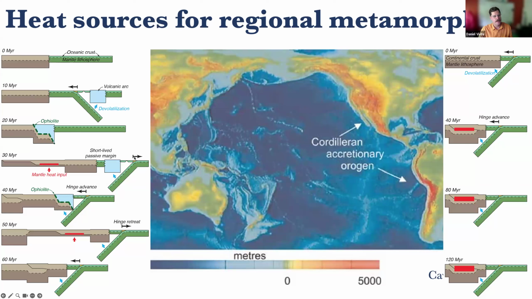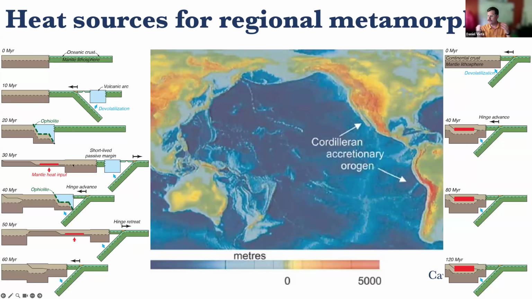There is hinge retreat and advance, which can lead to thinning and thickening of the overriding continental plate. And there are situations here where you may get this thinning of the lower lithosphere, potentially decompression melting of the asthenosphere, and these episodes of mantle heat input.